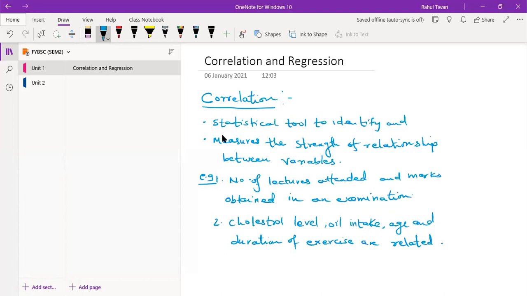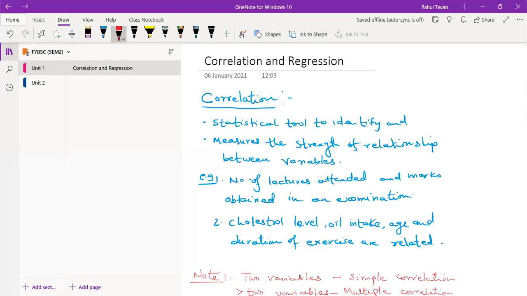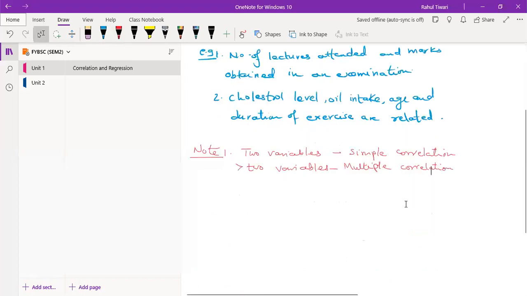So I'll put it in the note: if two variables, then we call it simple correlation, and if it is more than two variables, then we call it multiple correlation, because we have more than two variables.